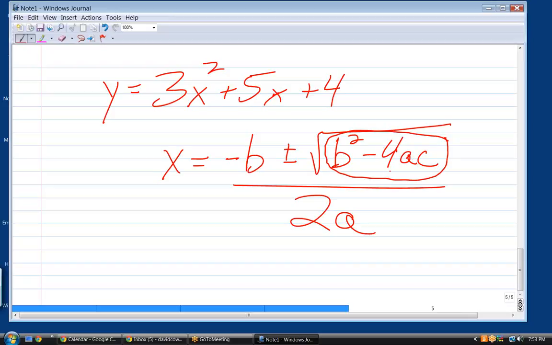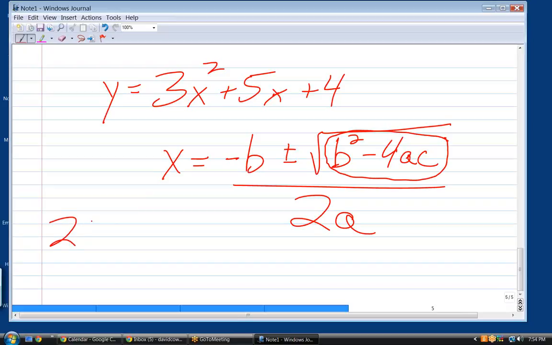If what's inside the radical is a negative number, it's going to have complex solutions. If what's inside the radical is a positive number, it's going to have real solutions. So the only thing we have to really figure out is what b squared minus 4ac is. Okay, so what is b in this case? 5.